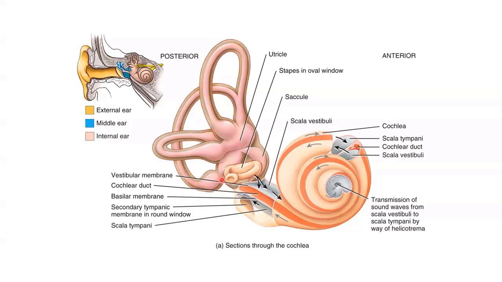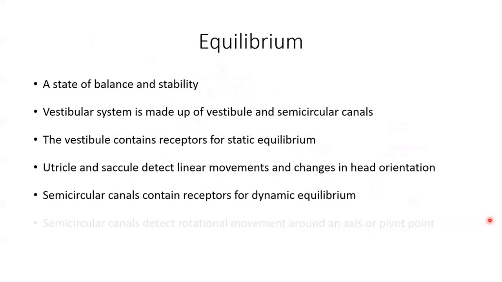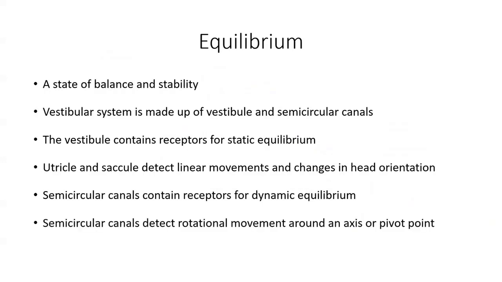The semicircular ducts contain the receptors for dynamic equilibrium, and dynamic equilibrium is the maintenance of body position in response to movement when there is rotation around an axis or a pivot point. So this can include shaking your head as if you're trying to indicate no, spinning around in a circle, or going on something like a merry-go-round.